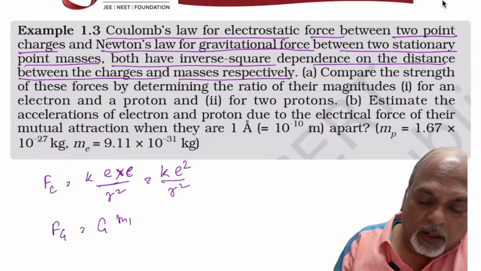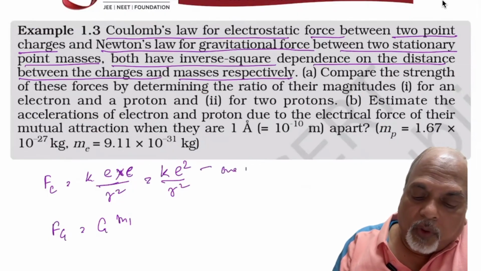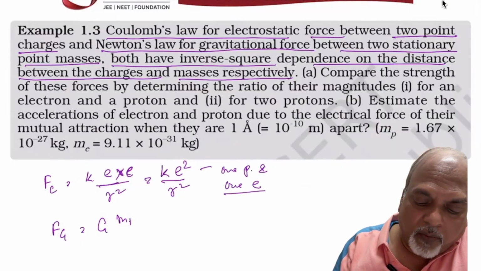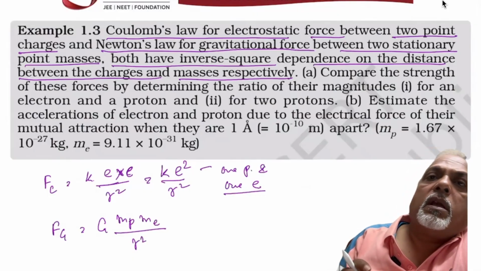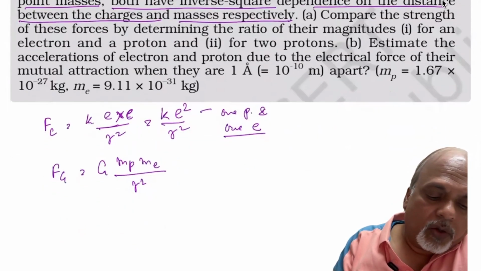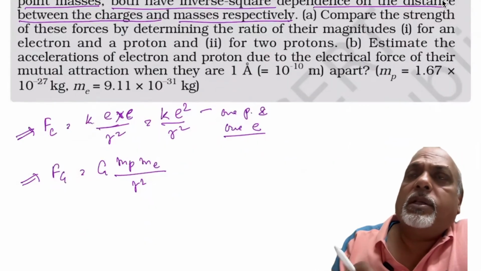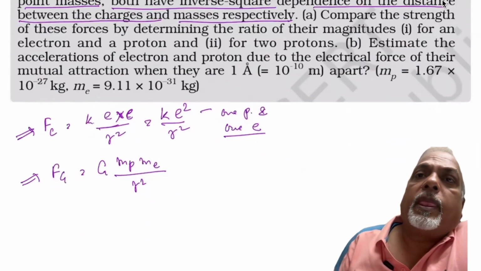G M1 M2, or we can write, suppose this is between one proton and one electron, then it will be G proton mass and electron mass divided by r square. R is the distance between them, which we have taken the same in both cases. So this is due to gravitational attraction, and this is due to proton and electron. Of course, both are unlike charges, so attractive force will be there. Correct?